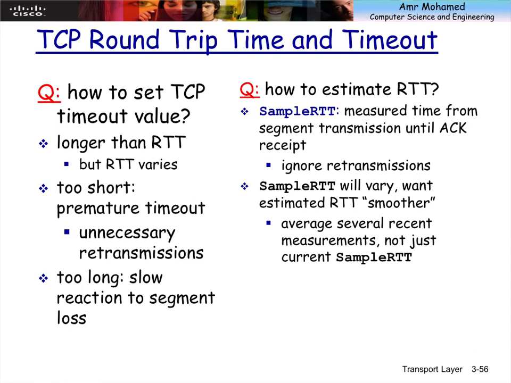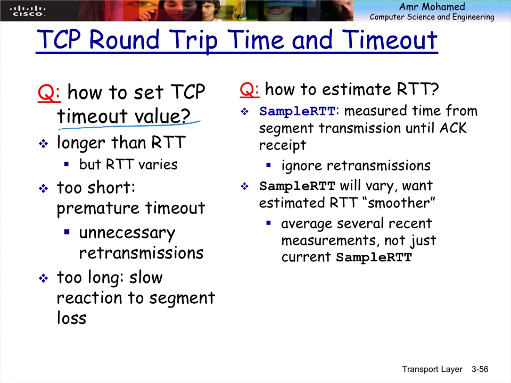So the most important question for TCP is how to set the timeout value. Okay, because we said this is the most critical part. If the timeout is too short, we get so many unnecessary timeout events, right?